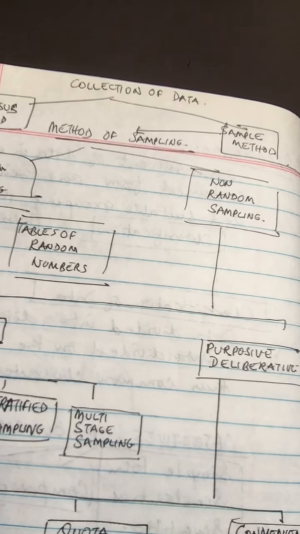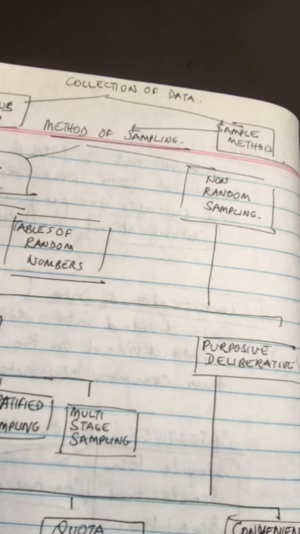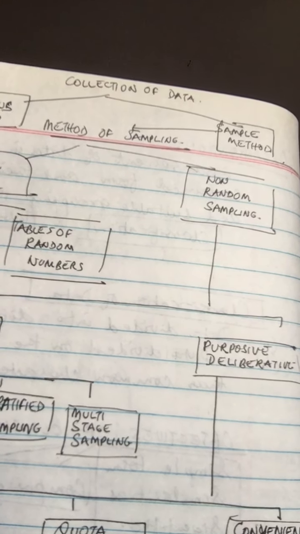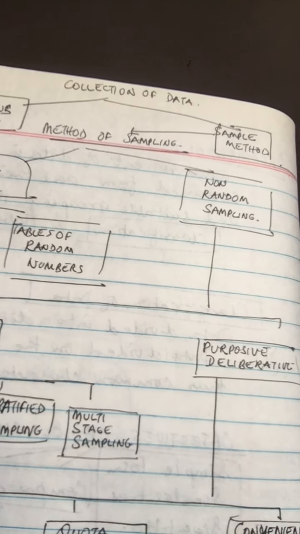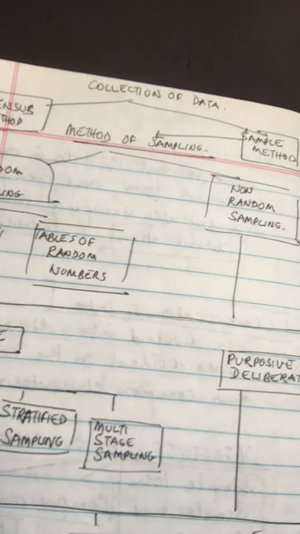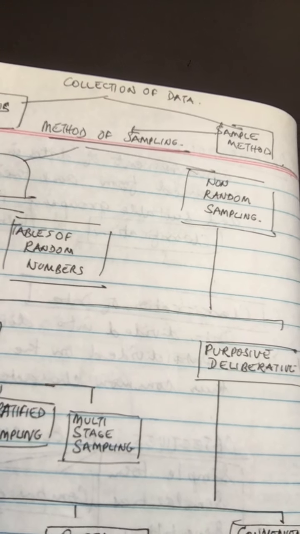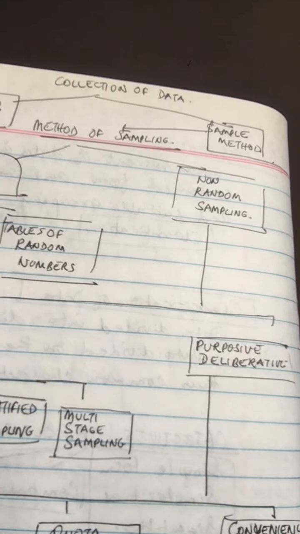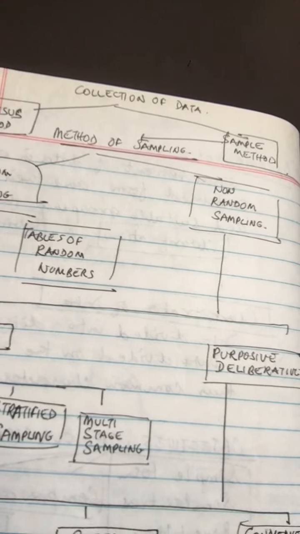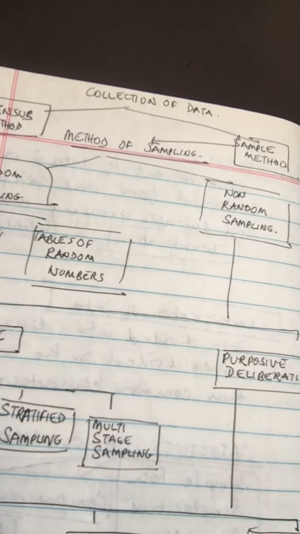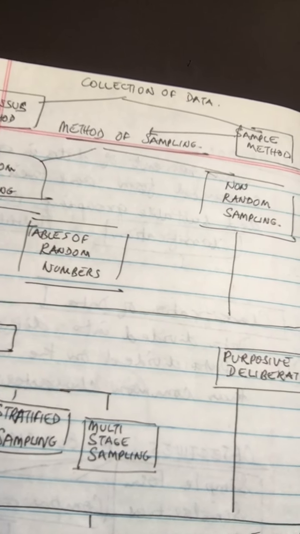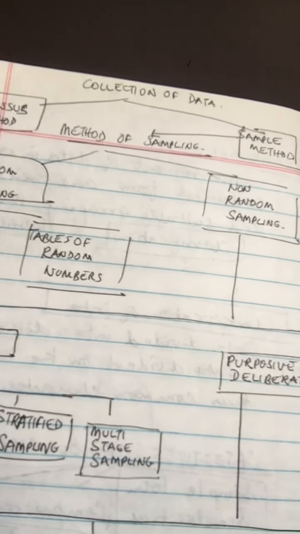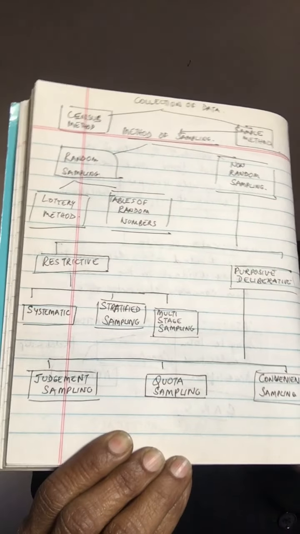And then you have non-random sampling, where there is restricted random sampling, and the other one we can call deliberative sampling. In restricted random sampling we had systematic sampling, stratified sampling, multi-stage sampling. You must look for these in the previous classes.